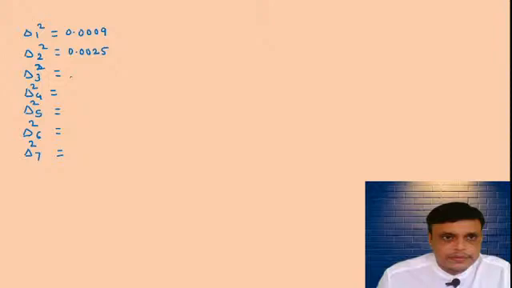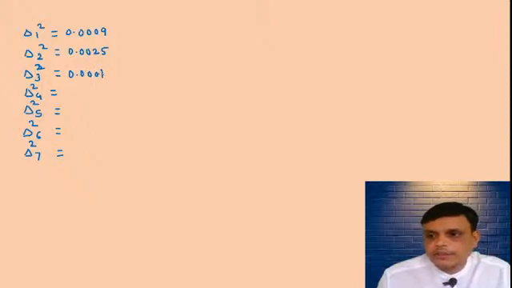Arju, del 3. Del 3 square 0.001. Del 3 is correct. Del 4 tell me. 0.0016.